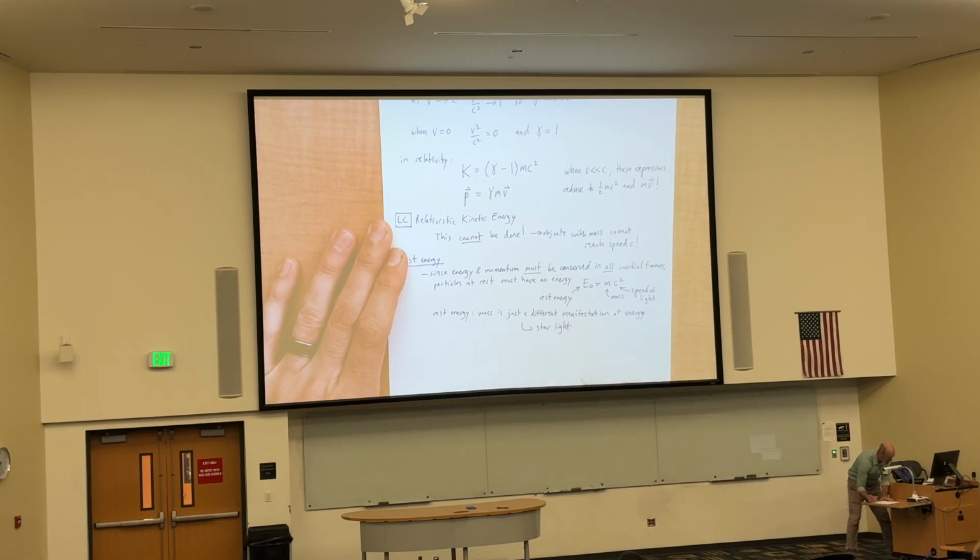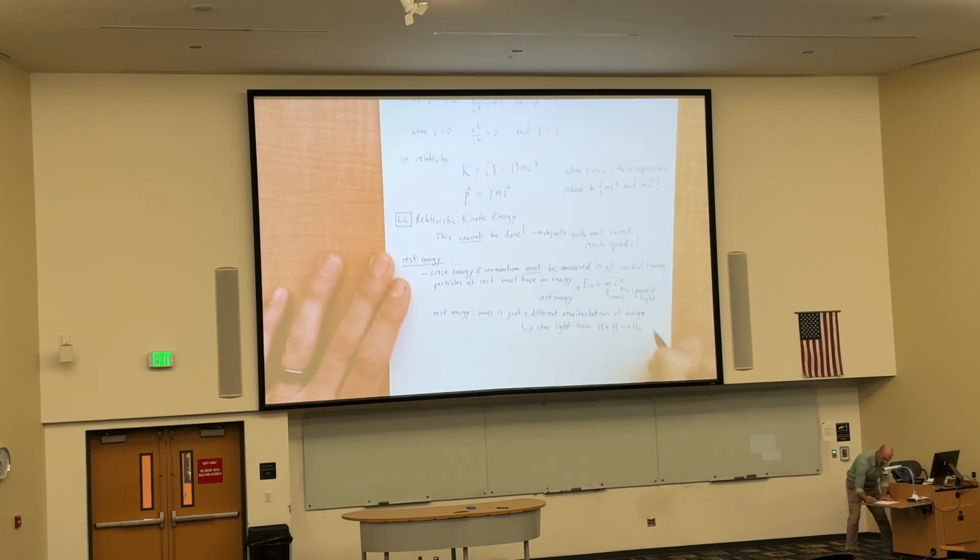And most starlight, not all starlight, but most starlight comes from hydrogen plus hydrogen being converted into helium via fusion.